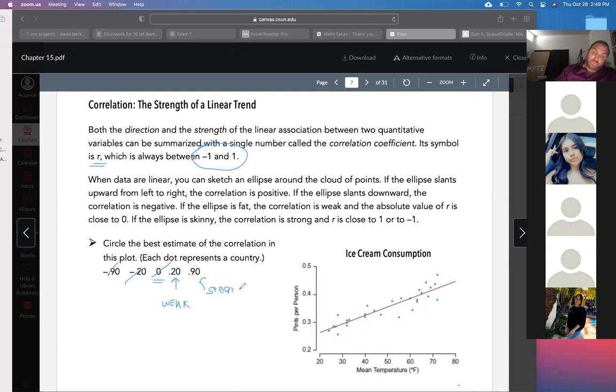What's 0.9 squared? 0.81. And we know that R squared greater than 0.7 is strong. So R is 0.9 is strong. And 0.2 squared is what? What's 0.2 squared? 0.04.